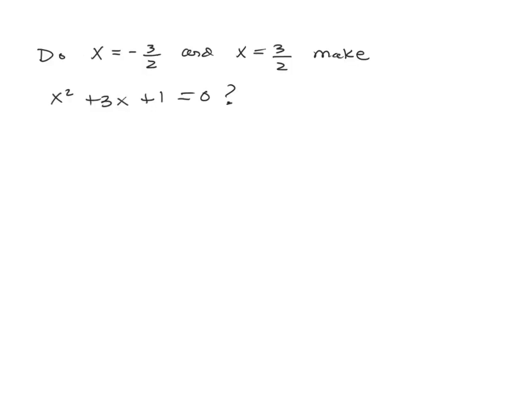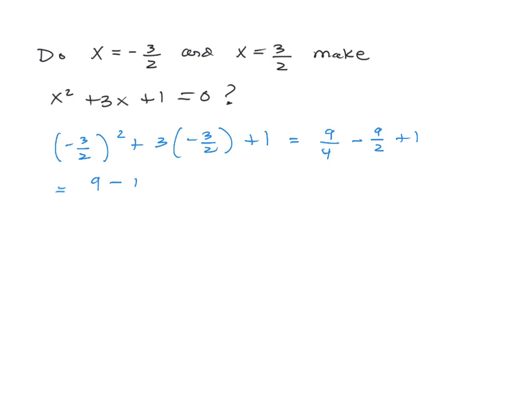All right, so do -3/2 and 3/2 make the numerator 0? I'll check this by simply plugging those numbers in. So let's see, if we check -3/2, we get this. And that's equal to positive 9/4 minus 9/2 plus 1, which is equal to, okay, so common denominator 4.